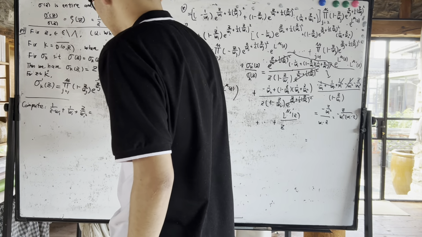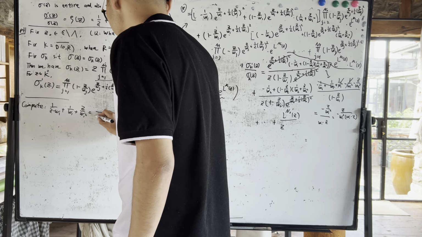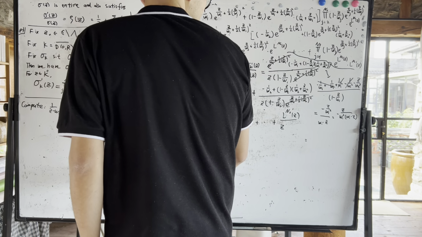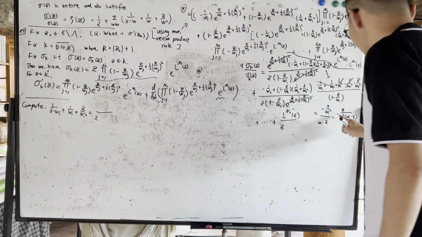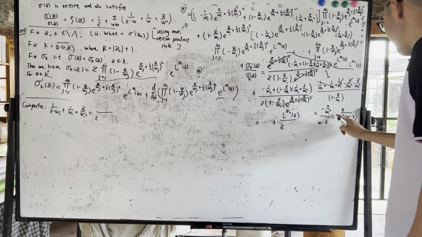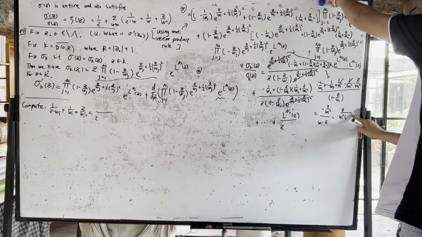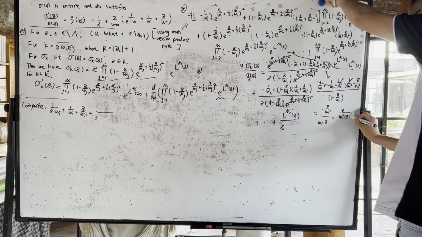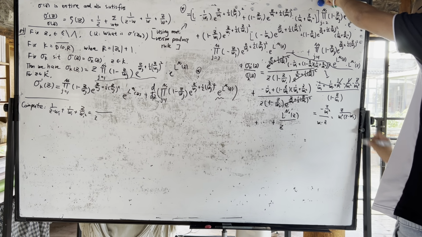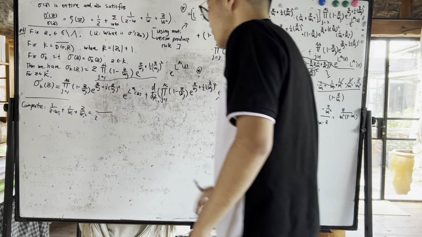Here I find a common denominator. Because there's a negative sign, omega 1 minus z, I change it to z minus omega 1 in order to match this notation here.